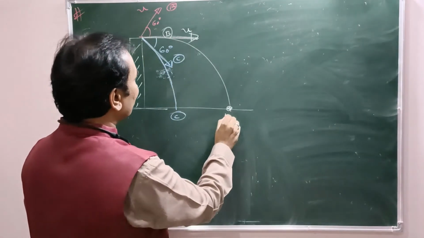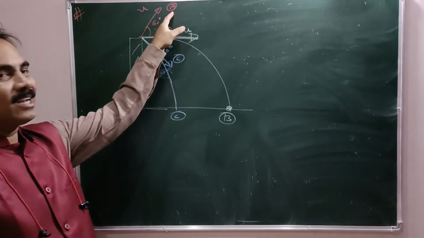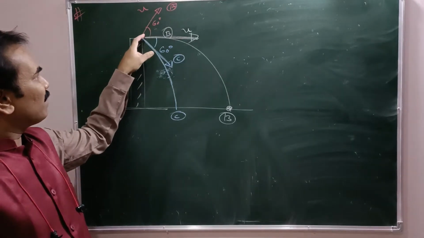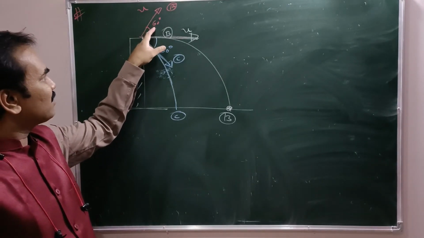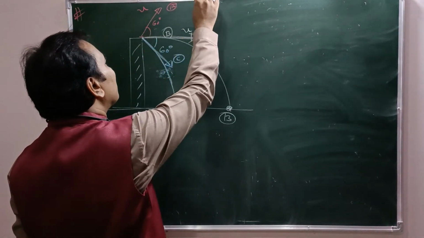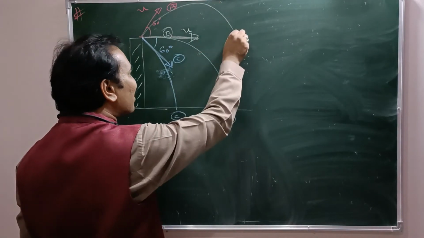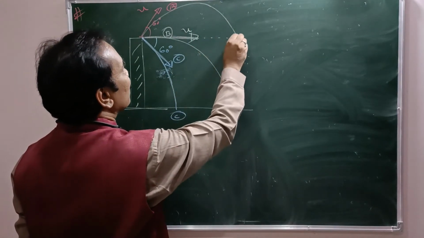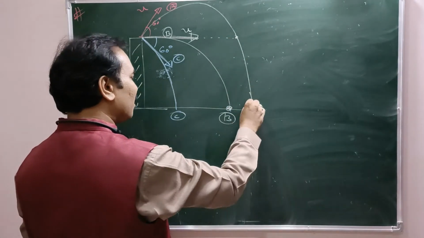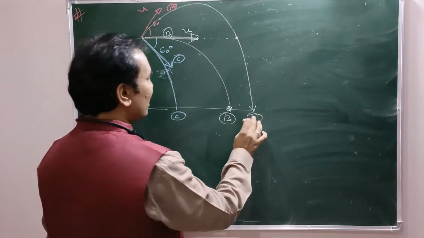Now coming to the first one, projectile A. It is projected from the top of the tower making some angle of 60 degrees with the horizontal, so it has some elevation like that, reaches the level of projection, but continues to move below the level of projection and strikes somewhere. This is projectile A.